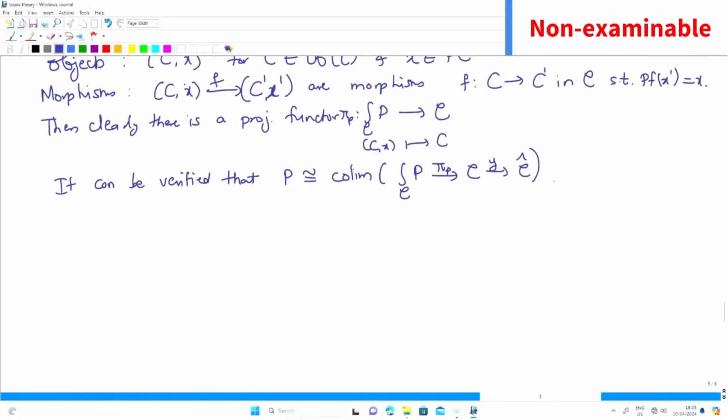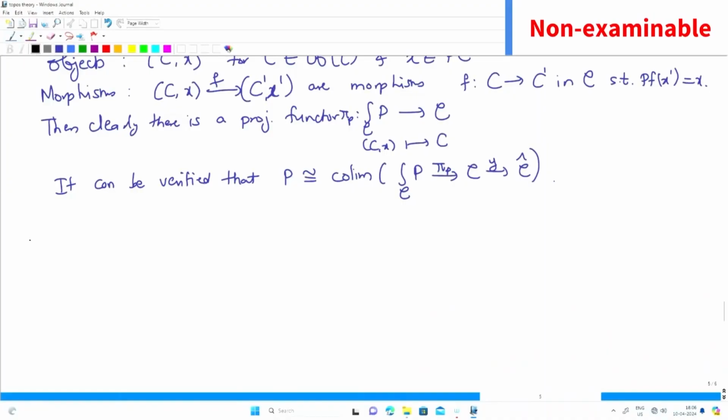So there is an equalizer diagram which describes sheaves amongst presheaves. But before I do that, I will have to first generalize the concept of an open covering.